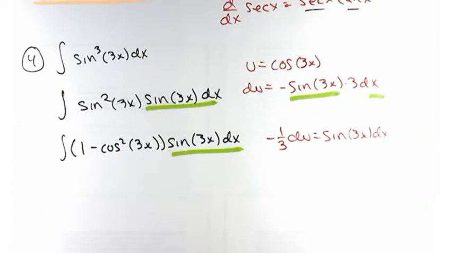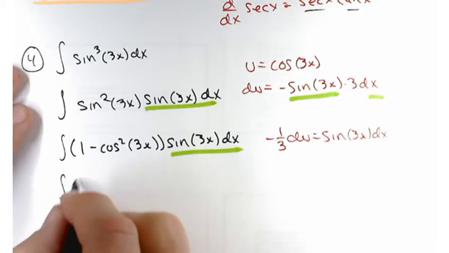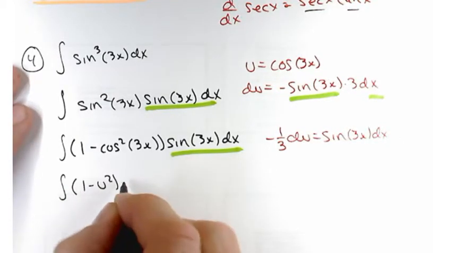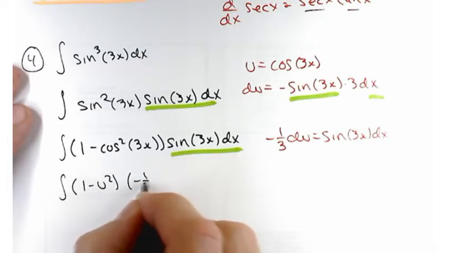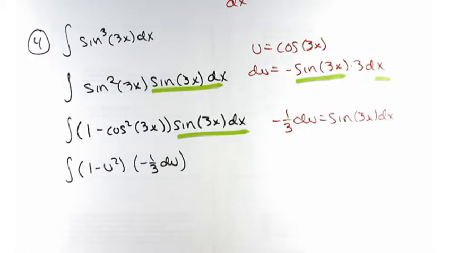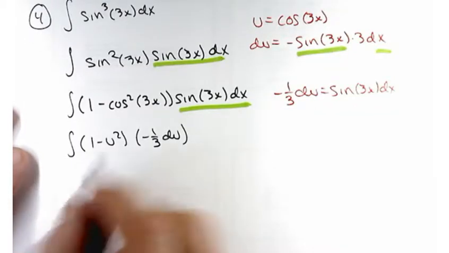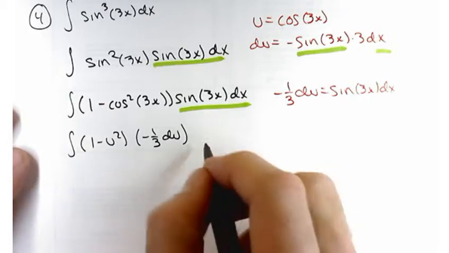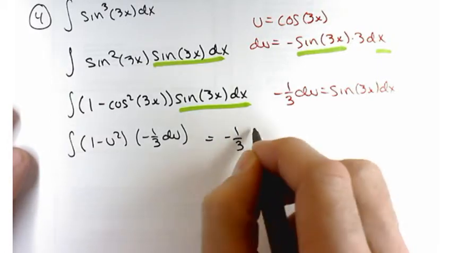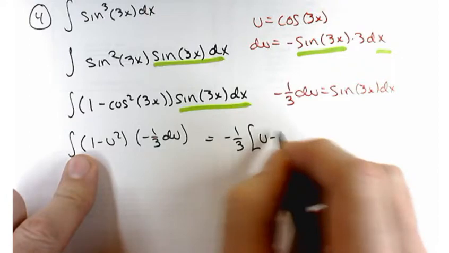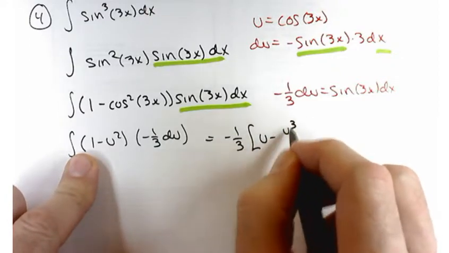I think I'm in good shape to make my substitution. That's going to be the integral of 1 minus u squared times negative 1/3 du. The negative 1/3 comes out in front. In fact, I think we can just integrate this right here. It's going to be negative 1/3 times u minus u cubed over 3.